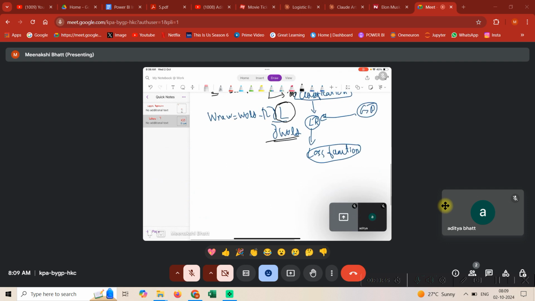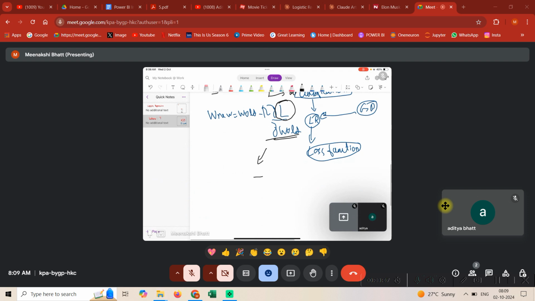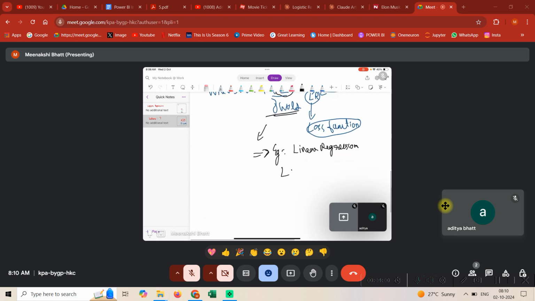Let me give you an example of how this works. Let's consider you are having linear regression, the most basic thing we can talk about. What is the loss function there? The loss function is 1 by n, sum from 1 to n, of y hat minus y, squared.